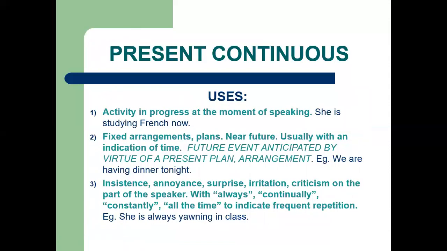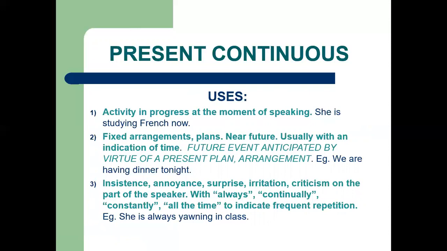Okay, let's pass on to the present continuous, right? The present continuous is used to describe activities in progress at the moment of speaking. She's studying French now, they are reading a book, or fixed arrangements or plans in the near future.